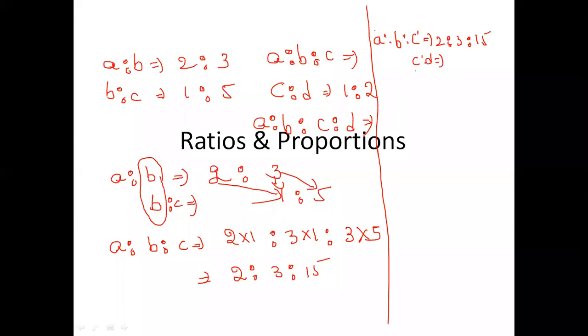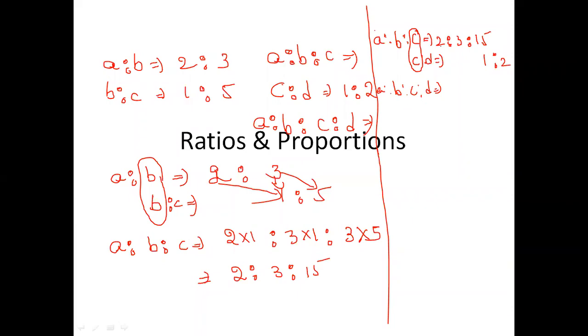I could see C is common in the ratios of A, B, C and C, D. So this will give me the A, B, C, D ratio, equating C to only one particular value in the complete number. Now, what is the value of C is to D? C is to D is 1 is to 2. I could write the numbers like this and start finding the values of A, B, C, D.